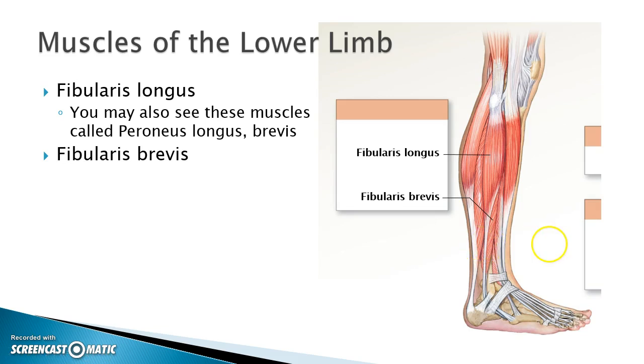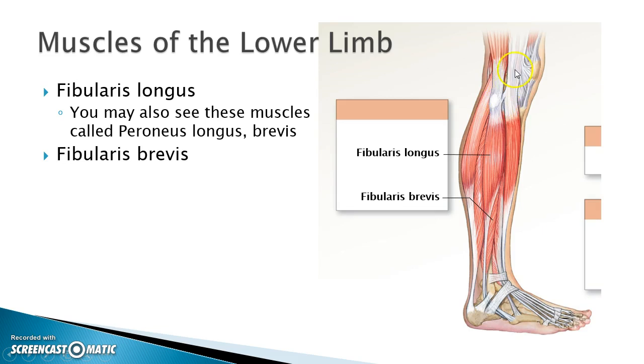Again, on the lateral side, I have two muscles called the fibularis longus and fibularis brevis. I like those terms. There are going to be some sources that might call it the peroneus longus and peroneus brevis, but I like the fact that this says fibularis because it tells me which side of the leg it's on. This is the head of the fibula.